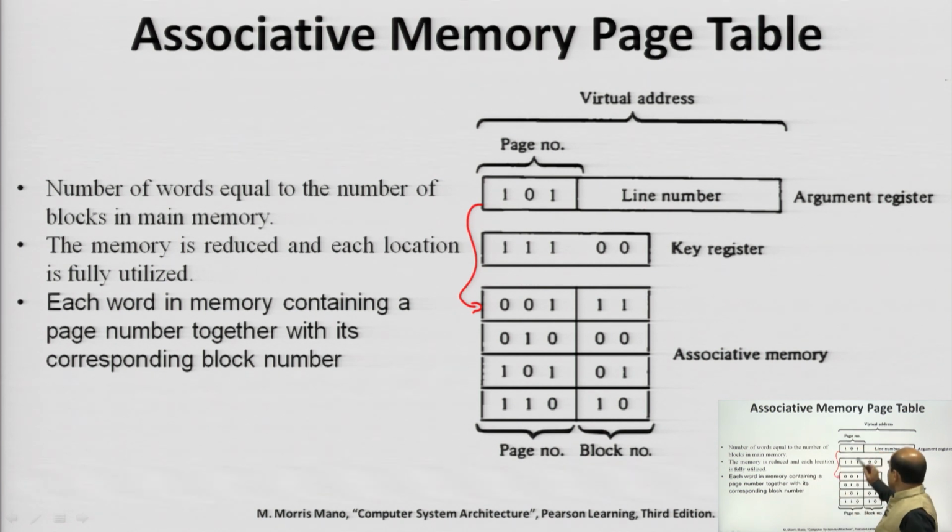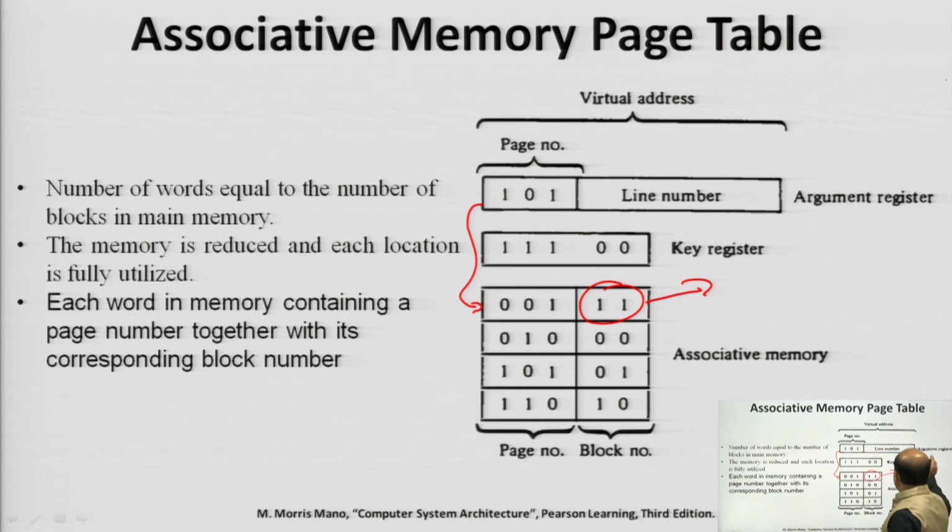And if a match occurs, if this page number of the given address matches one of these 4 entries, then the corresponding block number is transferred to the main memory. So, this way we can reduce the empty spaces, as we have seen in the previous case. More empty spaces can be reduced using this associative memory page table concept.